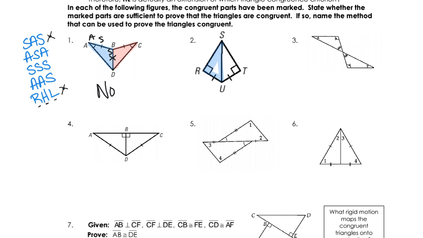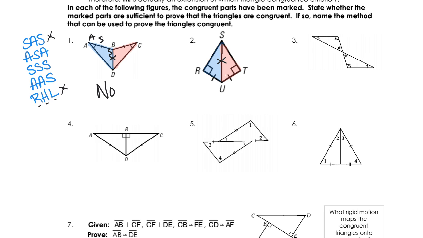In my 2 triangles, I have 2 pairs of parts marked, but I need 3. Hopefully you realize that they are back to back, and so they share the side of SU. And so you can mark it and say that it counts as the third piece. If we take a look, guys, we have a right angle and we have 2 sides.